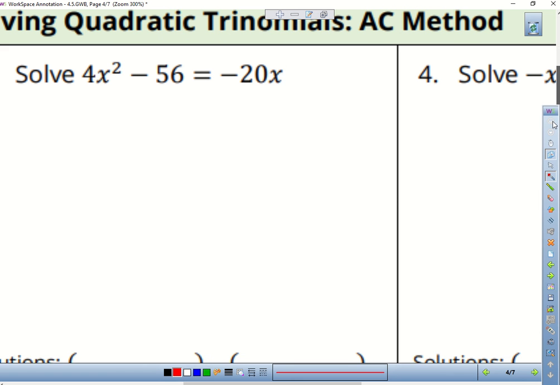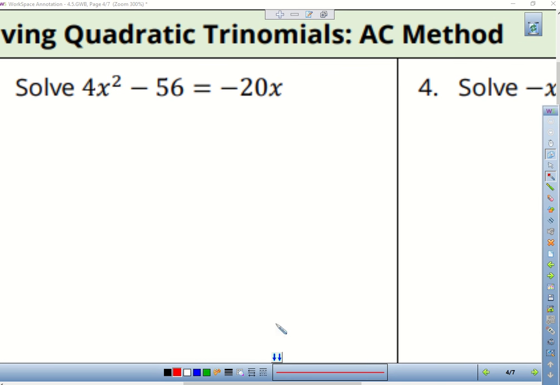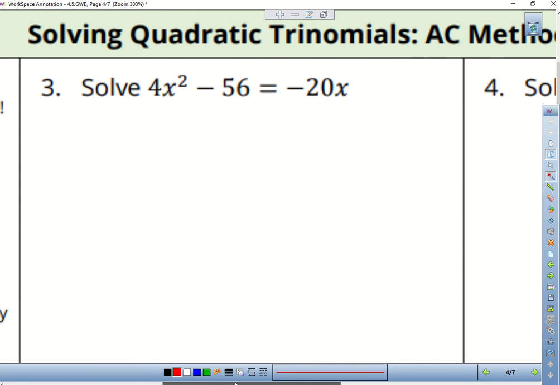So moving on. Now we're going to talk about using the AC method at times, or sometimes we just factor out a GCF. So whenever you have a trinomial like this, you need to add over, so you have everything on one side of the equation.